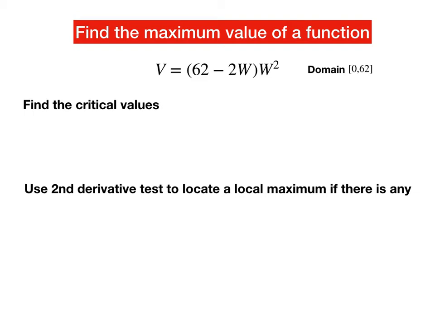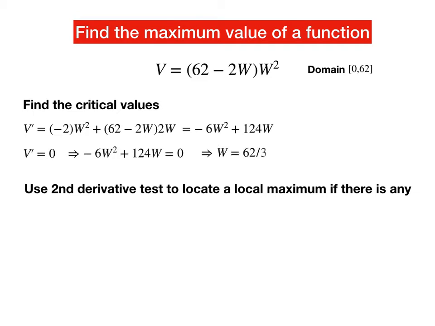The first task is to find the critical values by finding the first derivative using the product rule. We combine like terms to get negative 6w squared plus 124w, and we set the first derivative equal to 0. Then we get w equals 62 over 3.